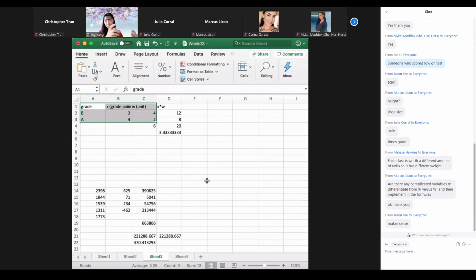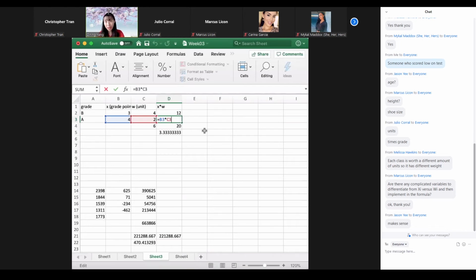Column A, B, and C are your inputs. And then column D starts the calculation. So remember, we get to do X times W. So in column D, you type equals, then B2 times C2. Hit enter. Excel does the calculation for you. So 3 times 4 is 12.